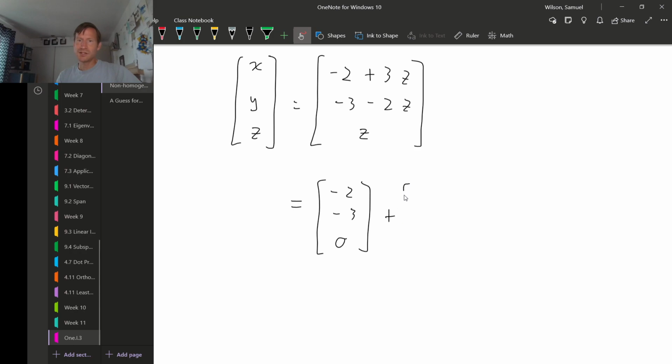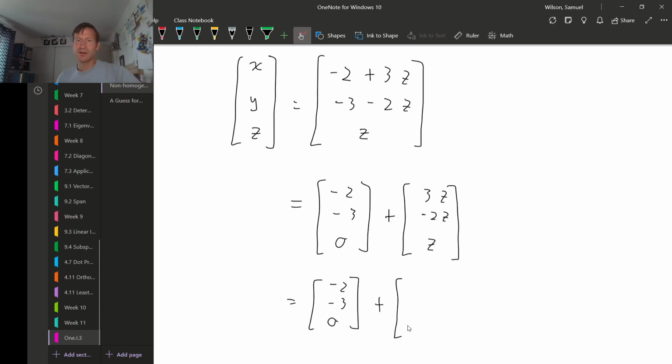And then we get a term that has z's in it, so 3z, minus 2z, and z. Okay, so this is minus 2, minus 3, 0, plus, and then in this second vector, every entry has a z, so we can move that z outside. So 3, minus 2, 1, all times z.